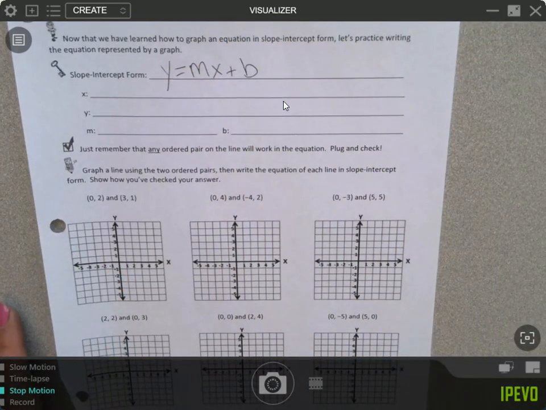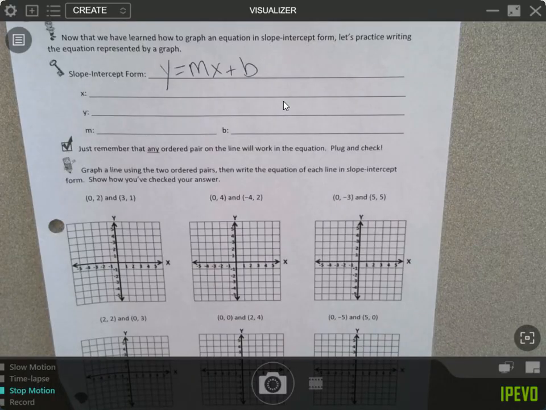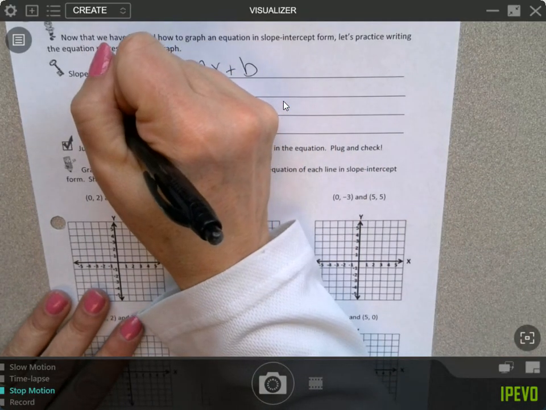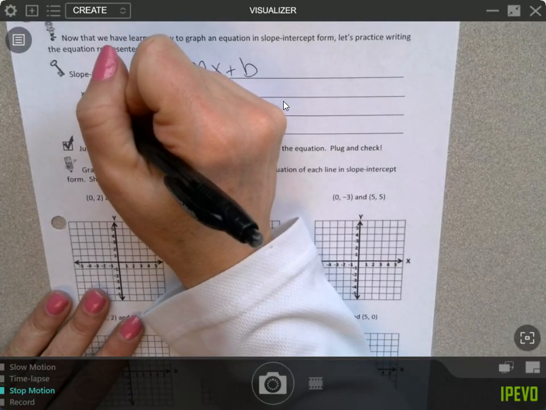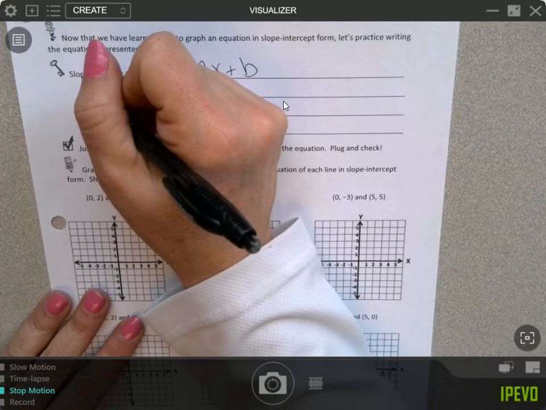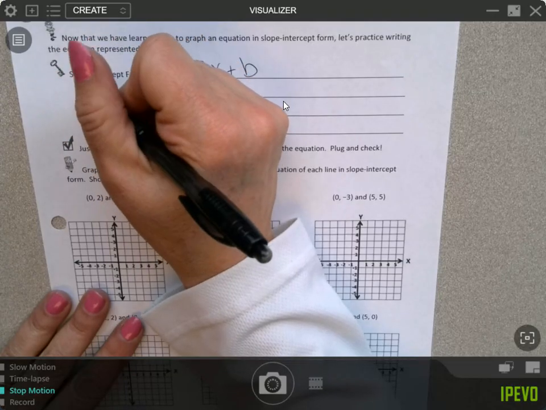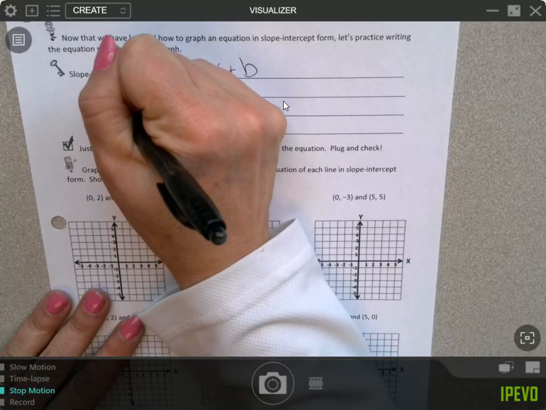All right, so what is the x? Who remembers from yesterday? David? X is the variable x. No. X is like the x line. Nope. So if you need to look back at yesterday, you can look back at yesterday. Robbie? X value of any ordered pair on there.